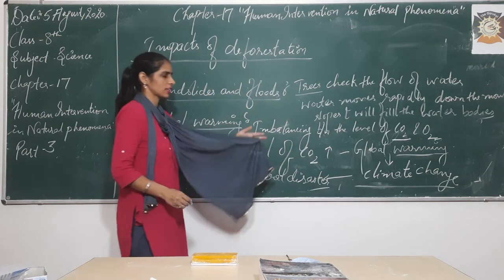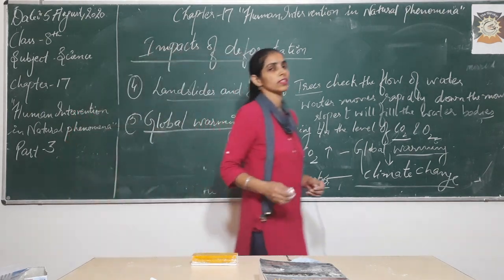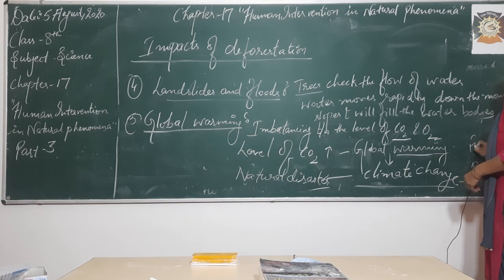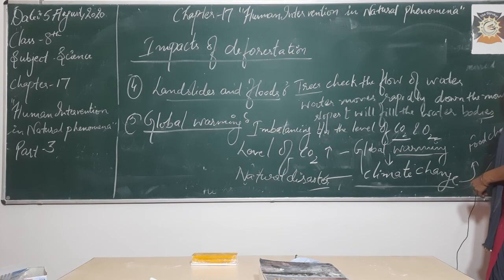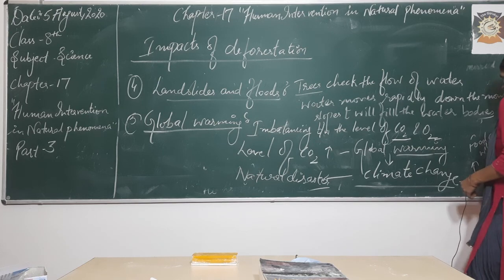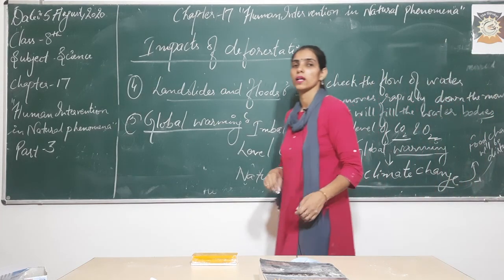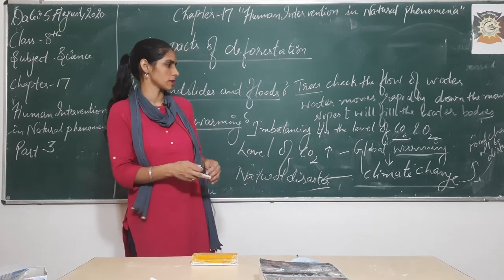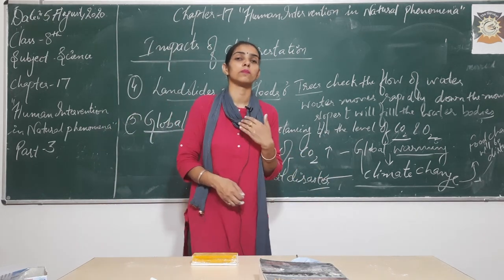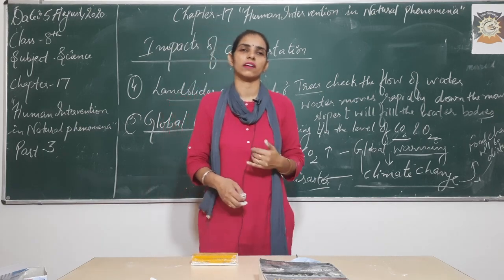Or if there is climate change, the food chain will be disturbed. Food chain will be disturbed because many species will not be able to survive under that climate which is not suitable. Okay, so those species will start dying. That means again it will be impossible for us to survive, right?